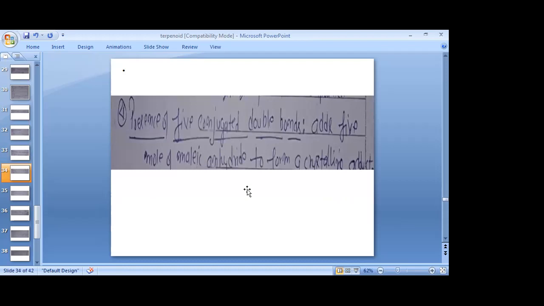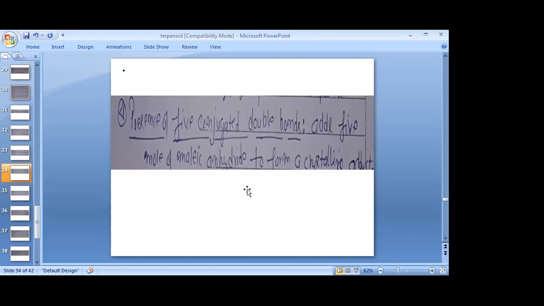By addition reaction with maleic anhydride. When beta carotene reacts with 5 molecules of maleic anhydride, it finally converts into a crystalline adduct, a crystalline product, and it absorbs 5 maleic anhydride molecules.